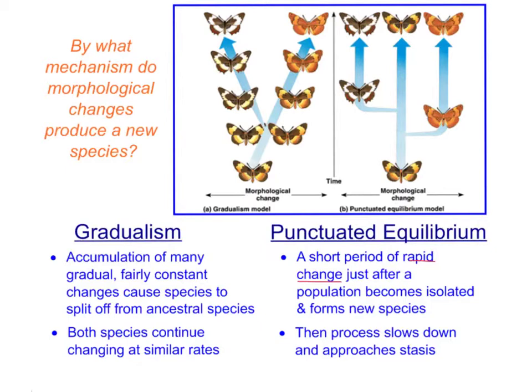So it's change that happens quickly, suddenly, punctuated equilibrium. The process then would slow down and approach stasis at that point. So these are two different ideas for different ways that morphological changes eventually produce a new species.